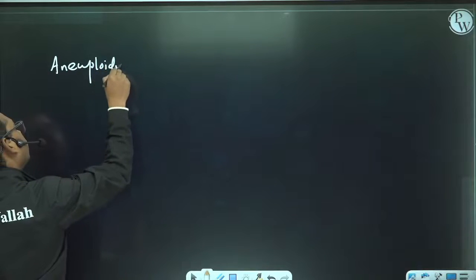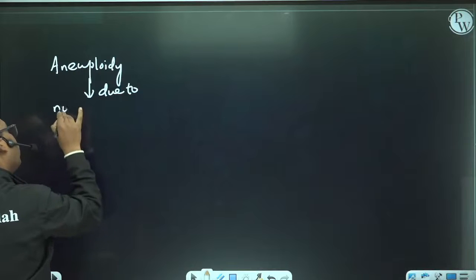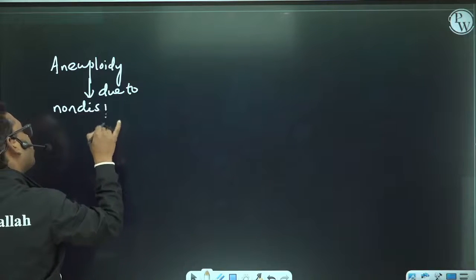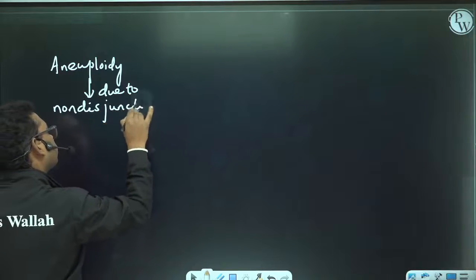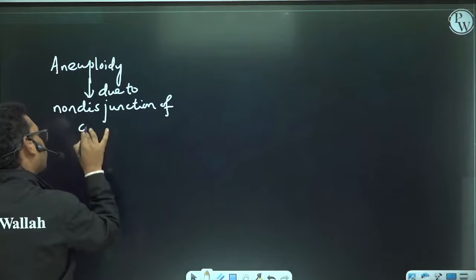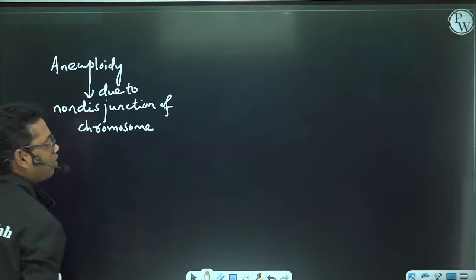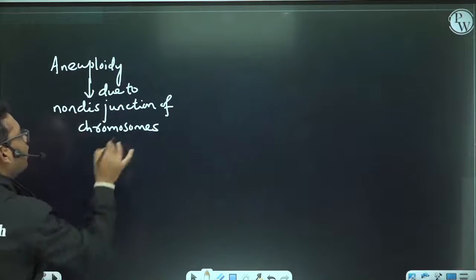Aneuploidy is due to non-disjunction. Non-disjunction means non-separation of chromosomes. When the chromosomes fail to separate, aneuploidy takes place.